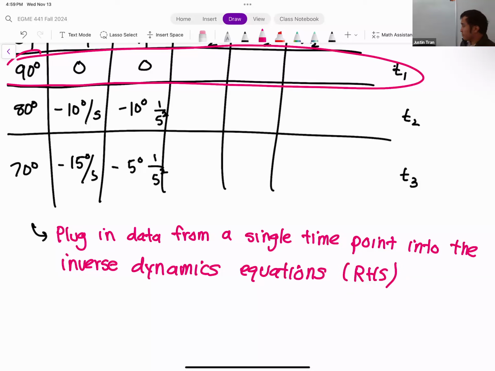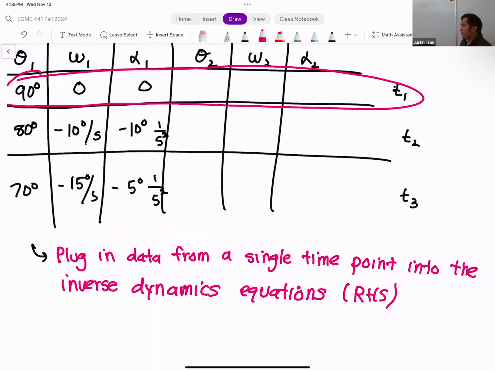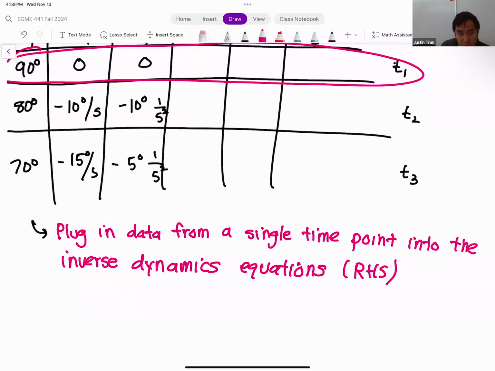In particular, all of this kinematic information goes into the right-hand side of our equations. Okay? You may have to plug in some angles on the left-hand side for geometrical purposes, but for the most part, most of the data is going to go into the right-hand side of those equations. And that's going to change with time.